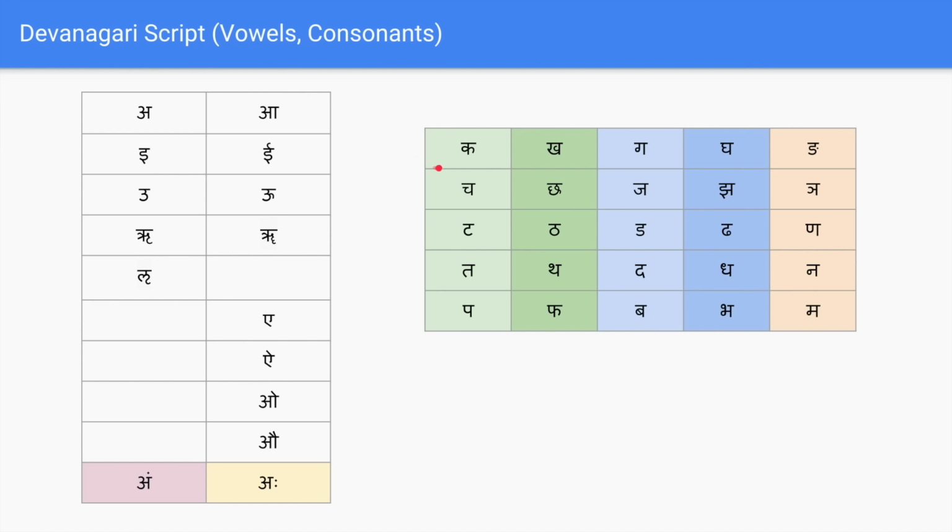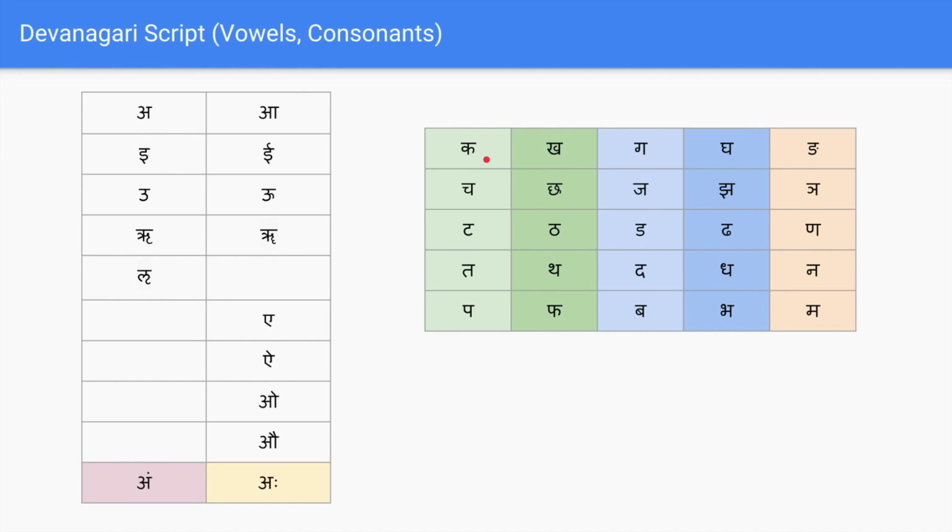So let me read out these letters: ka, kha, ga, gha, nga, cha, chha, ja, jha, nya, ta, tha, da, dha, na, ta, tha, da, dha, na, pa, pha, ba, bha, ma.